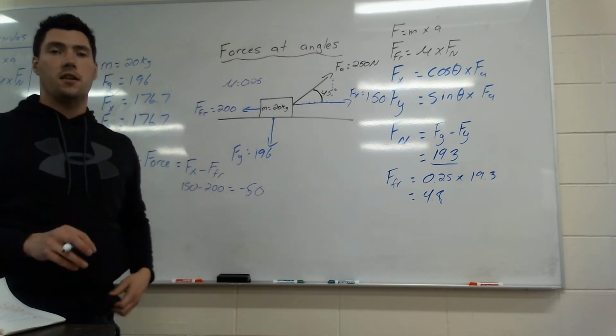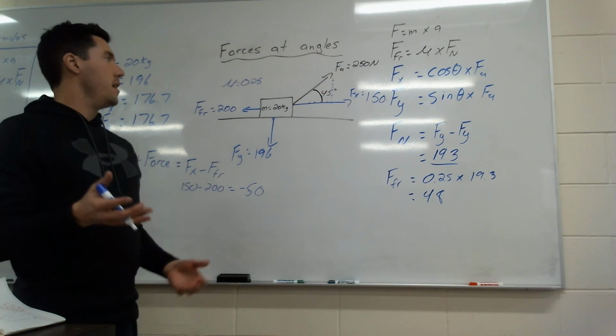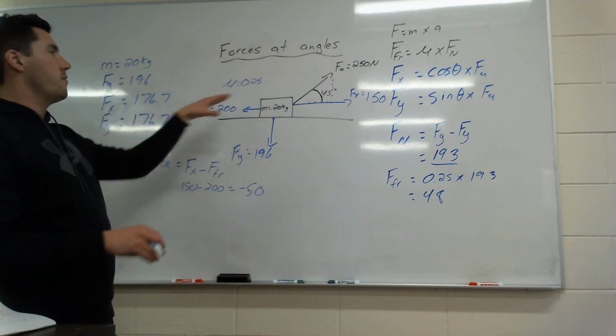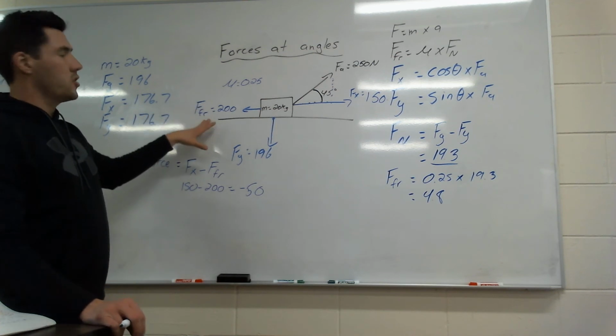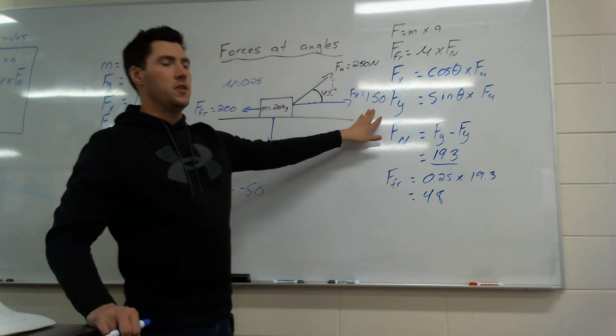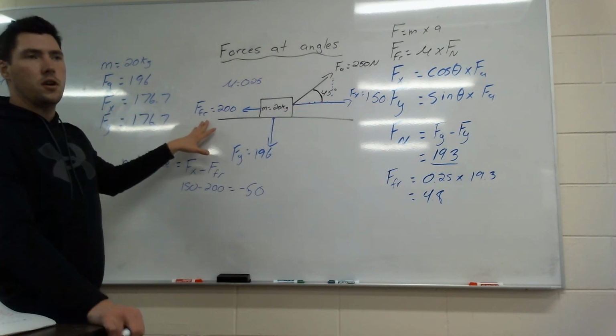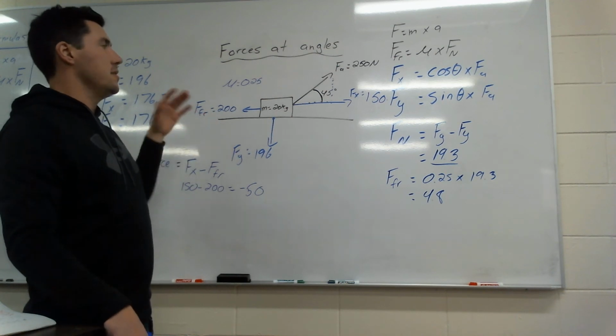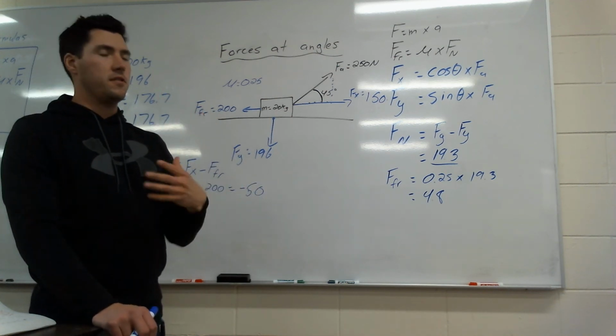Your acceleration is negative 2. Well, not exactly. If we think about what these forces mean, force of friction is 200, and the force that you're applying is 150. Friction is not going to move anything. It's just stopping you. So if force of friction is ever bigger, your acceleration is just 0.